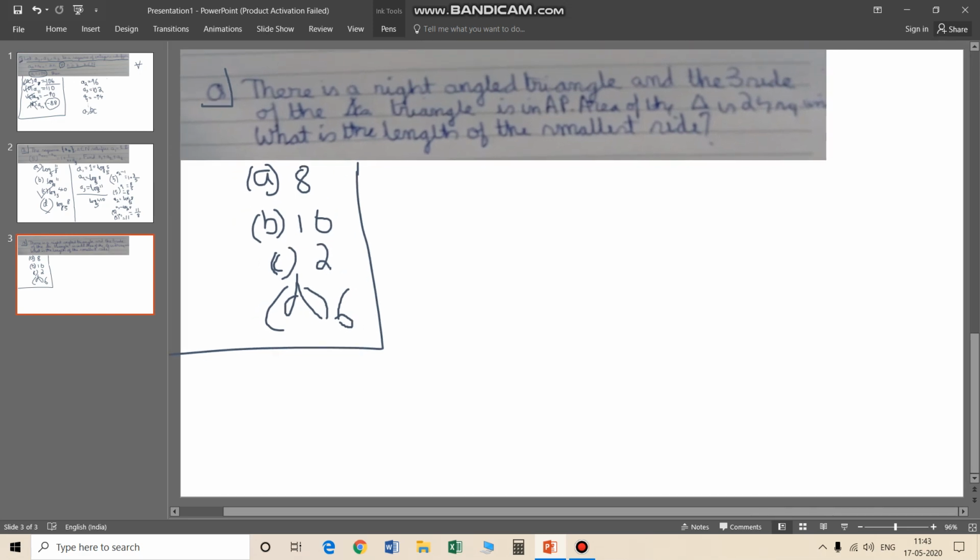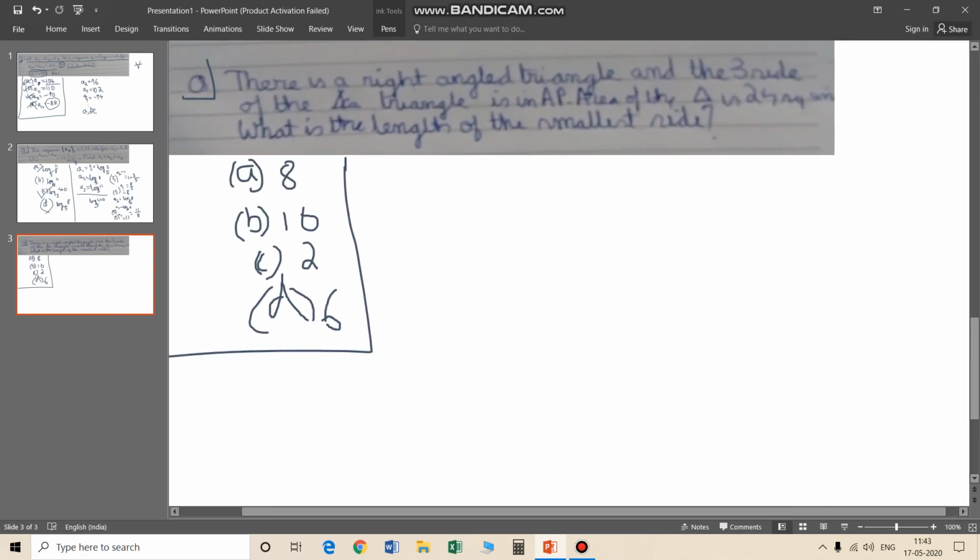Moving on to the solution of the question. Anyways, no need to zoom now. Yes, this is a right angle triangle. This is perpendicular, this is base, this is hypotenuse.